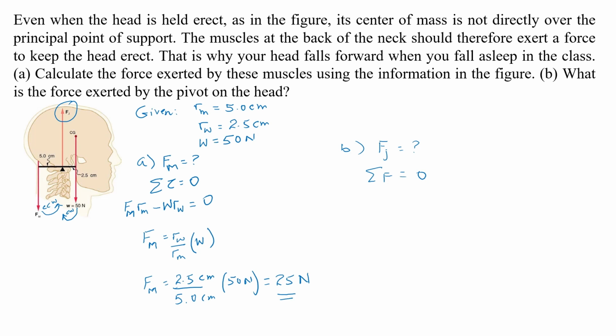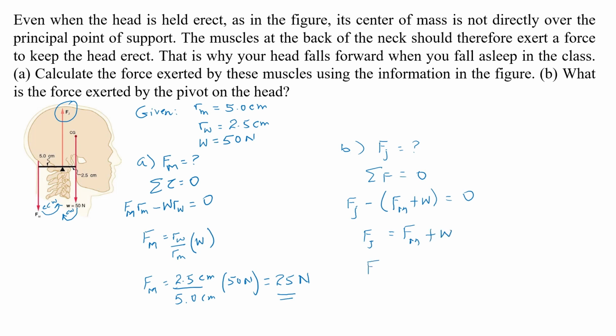And we have the force upward, F sub j, minus F sub m plus W should add up to 0. That means F sub j equals F sub m plus W.